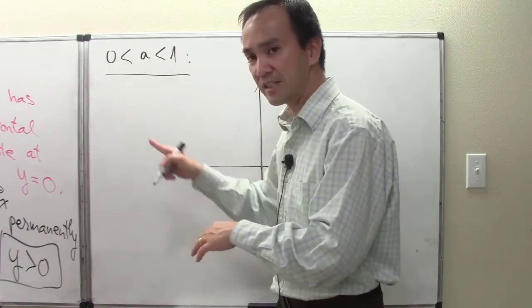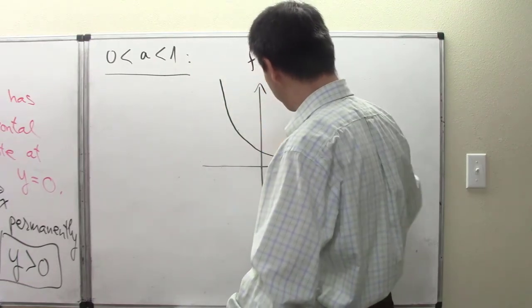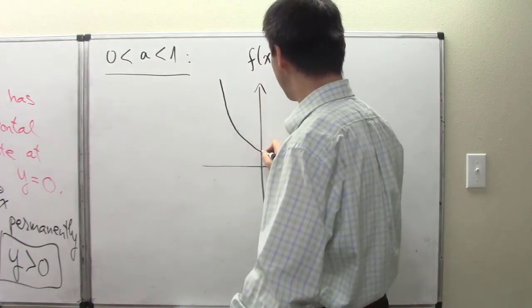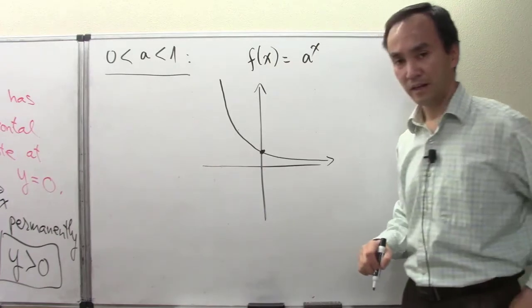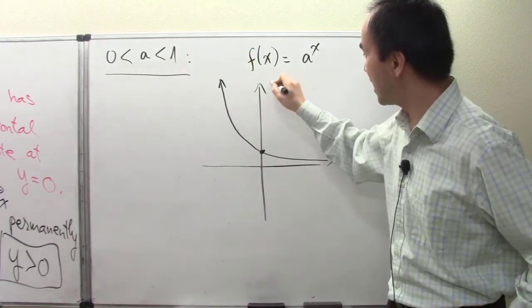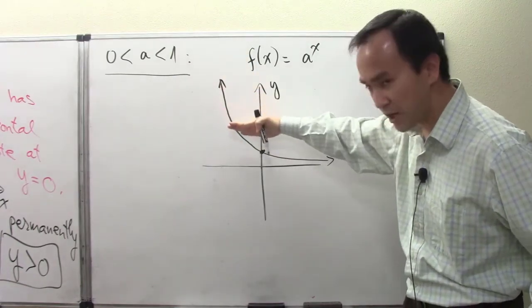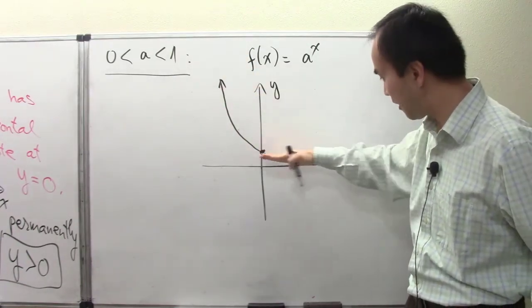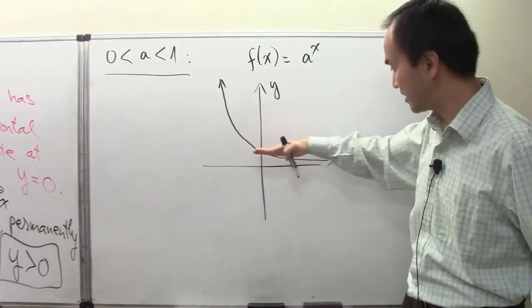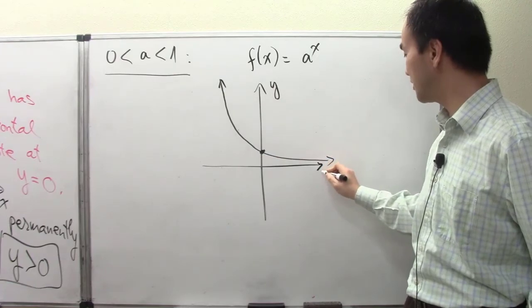Instead of rising from the left to the right, the graph is now falling from the left to the right. The fall is a rapid fall on the left-hand side of the y-axis, and once the graph goes past the y-axis, the fall becomes less rapid. In fact, it's only slowly falling.